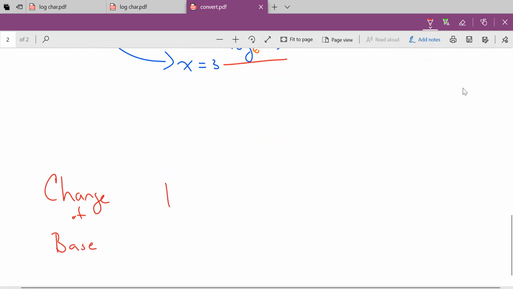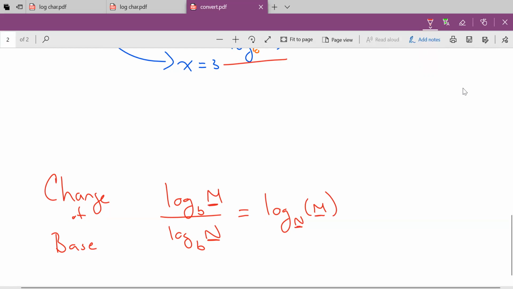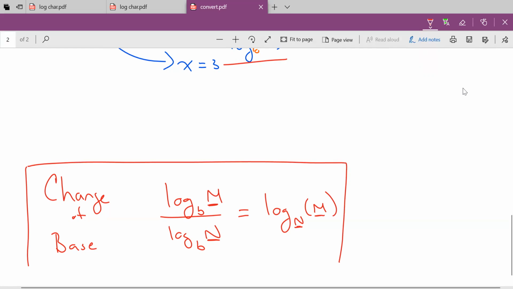It says if I have log m over log n, where the bases are the same, I'll call them b, I can rewrite this as one single logarithm. Do you notice, here's the big thing, the bases are the same, the argument in the denominator becomes the base of the logarithm, and the argument of the numerator becomes the argument of the single logarithm. This is called change of base, just like that.